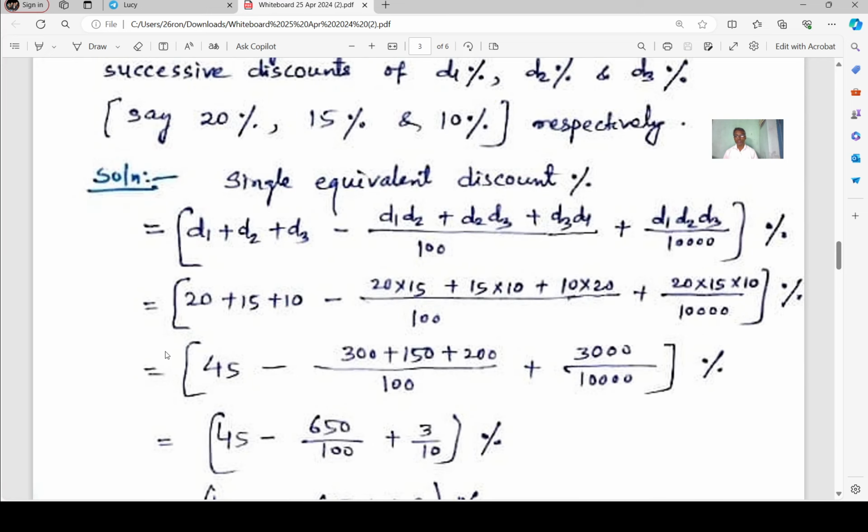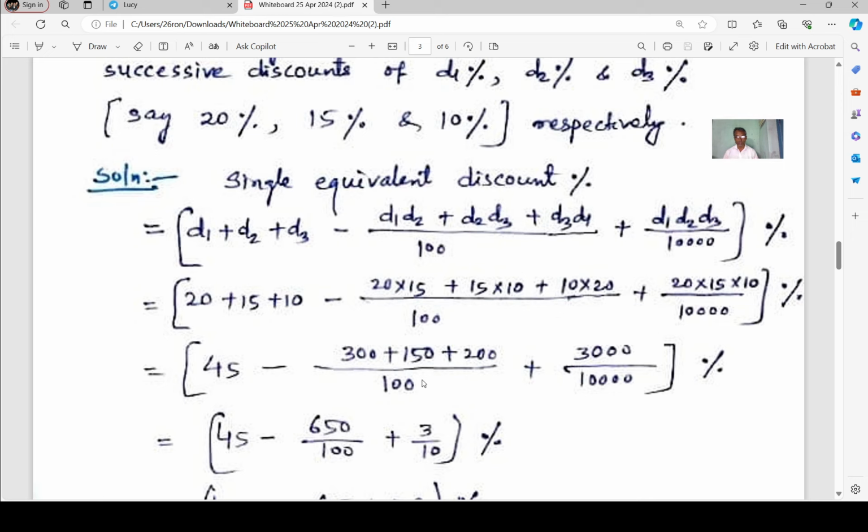So putting the values, 20 plus 15 plus 10 minus 20 into 15 plus 15 into 10 plus 10 into 20 divided by 100 plus 20 into 15 into 10 by 10,000. So this will be equal to 45 minus, 15 into 20 is 300, 15 into 10 is 150 and 10 into 20 is 200.